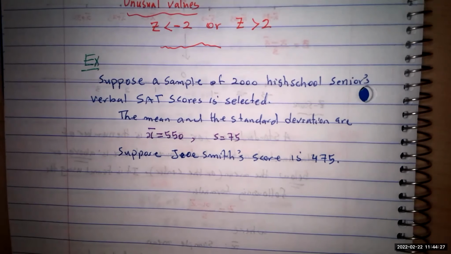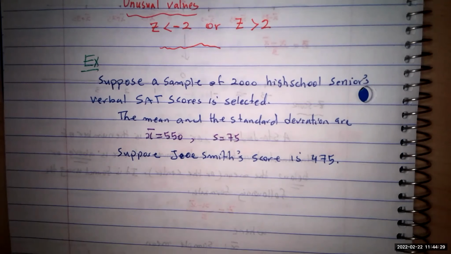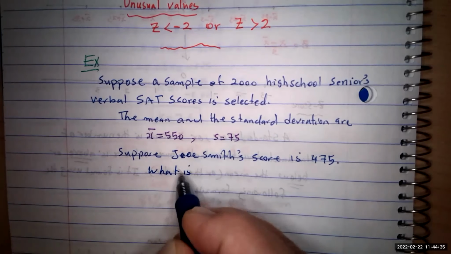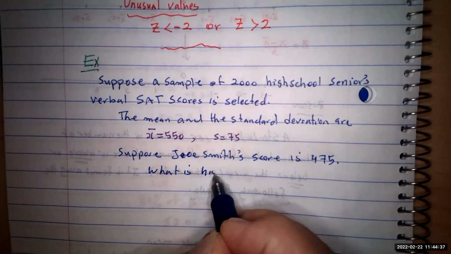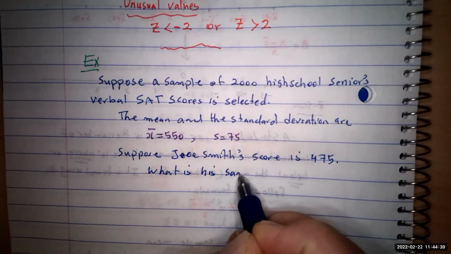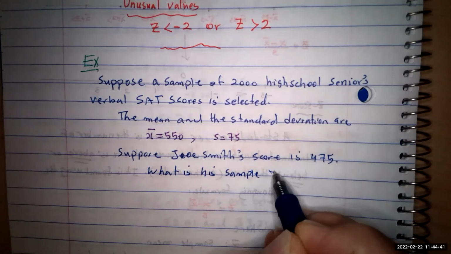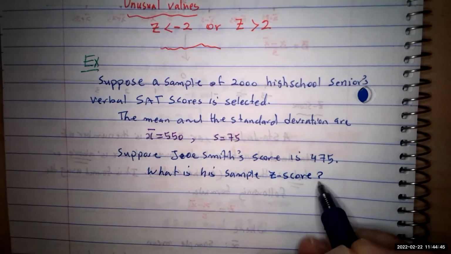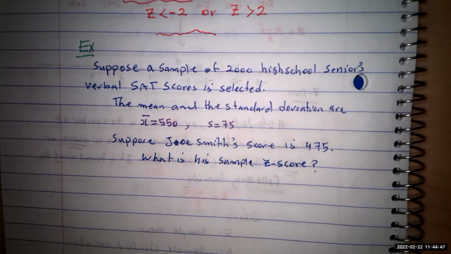So the X value is 475. We want to know what his sample Z score is. We want to change it into this new system and find the corresponding value for it. So, a straightforward problem.